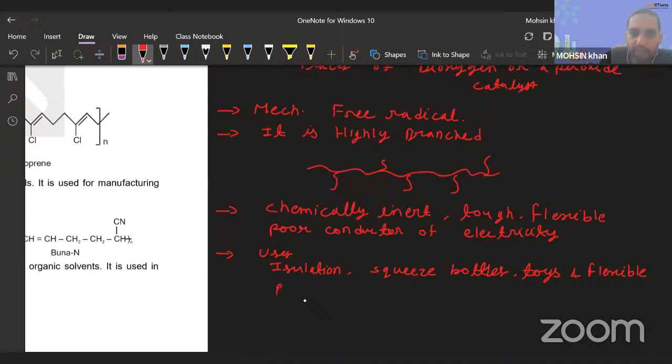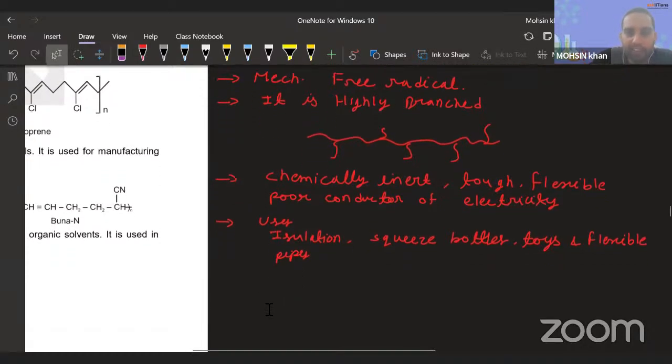So this is all about low density polythene.